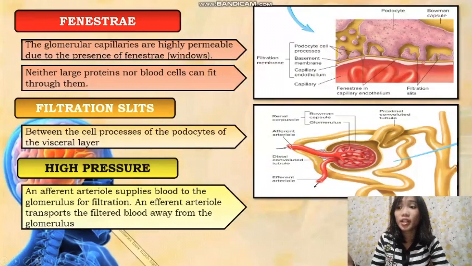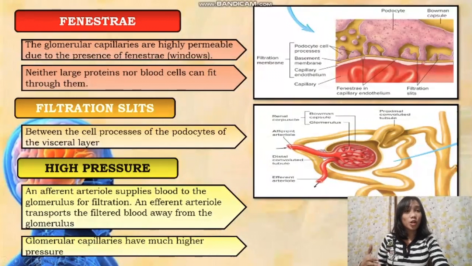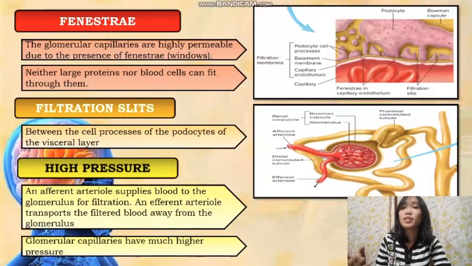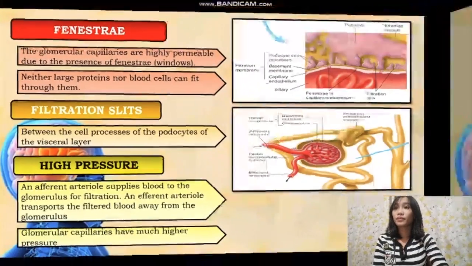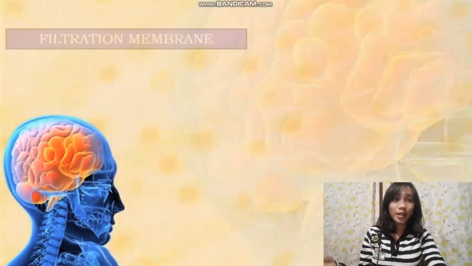The glomerular capillaries have much higher pressure because of the smaller diameter of the efferent arteriole compared to the afferent arteriole. Together, these structures make up the filtration membrane.